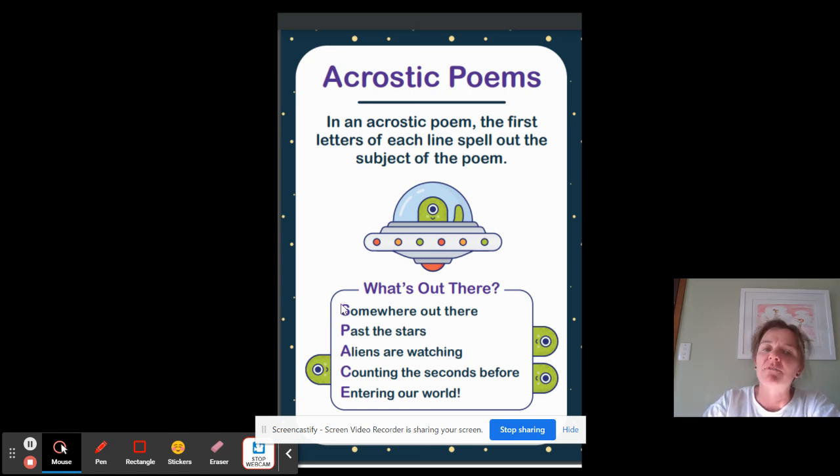So this artist, if they wrote space down the side, they couldn't have written seaweed, pineapple, alphabet, cross, elephant, because those things have nothing to do with space. But instead they've written somewhere out there, past the stars, aliens are watching, counting the seconds before entering our world.